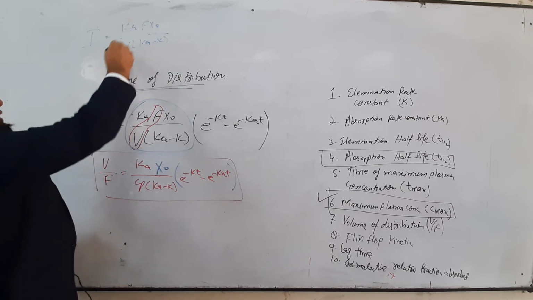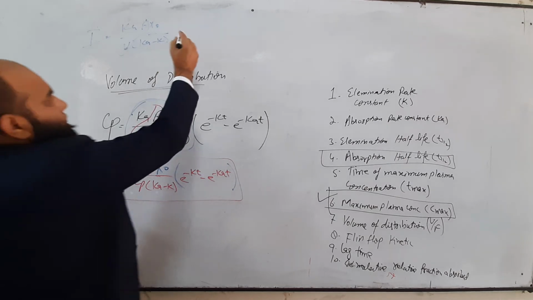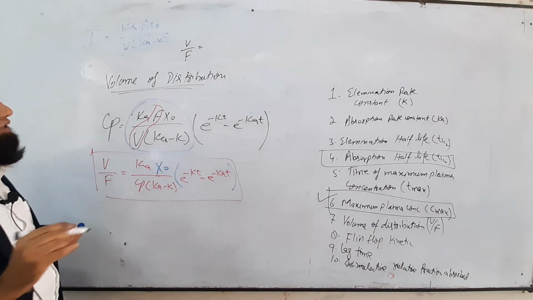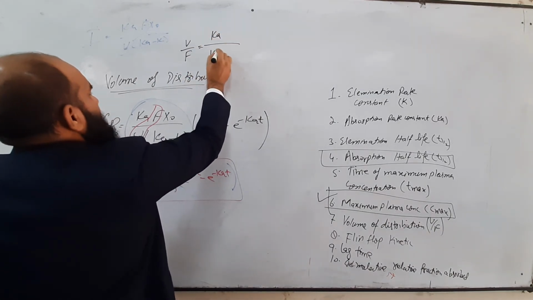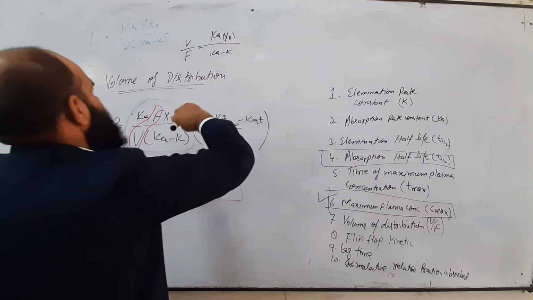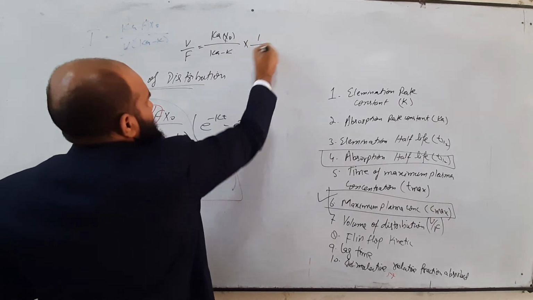When we want V over F, volume of distribution divided by the fraction of drug, it will be equal to Ka over (Ka minus K) times X naught into 1 over intercept.